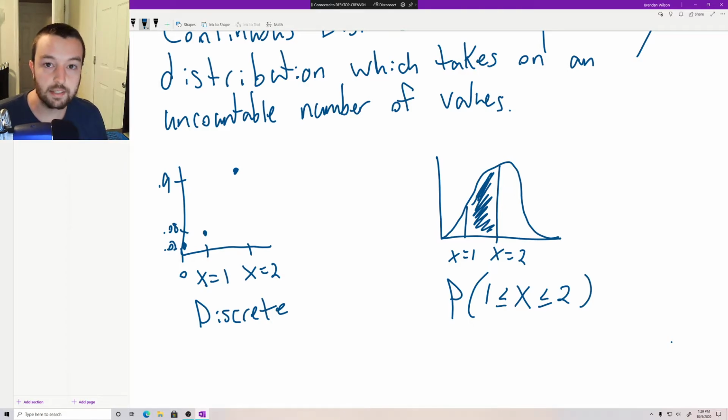What we would need is tools from calculus called the integral, which is not a prerequisite for this class, of course. So that's why we're not talking about these ones too much. So we're going to kind of have to dance around this when we're talking about the normal distribution. But that's okay, because this is how a lot of people look at the normal distribution. It's so well studied that we're able to look at it in other ways, without really knowing about this.